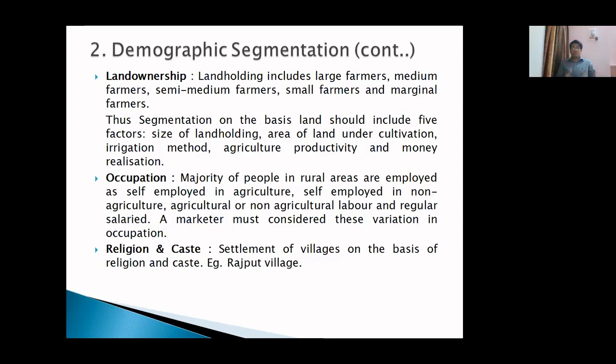On the basis of this, if a person is holding a large amount of land, he is a bigger farmer, he will be earning more, and similarly, his consumption pattern will be different from a marginal farmer who's having very limited land, very limited earning.